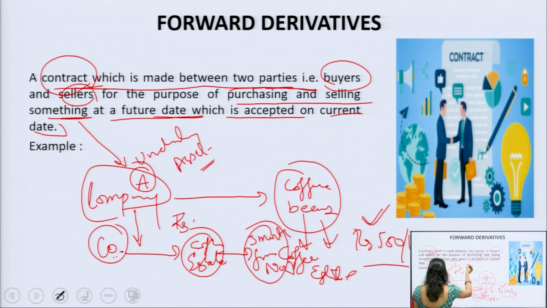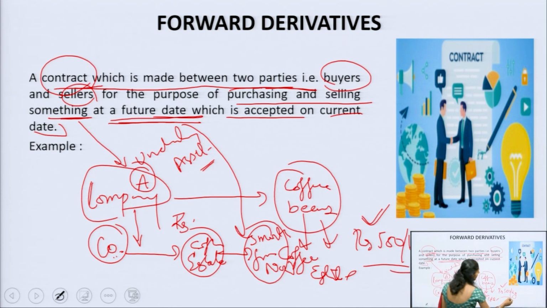Like what this is saying, at a future date. So, that is why I am saying 3 months from now, and which is accepted on the current date. And what is this current date? Current date price is 500, and so they will negotiate with each other.